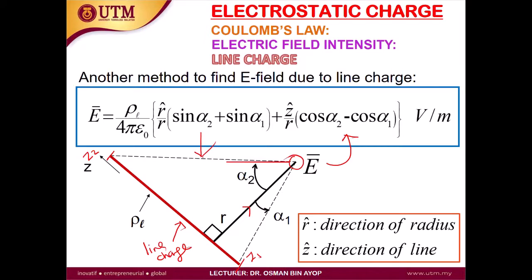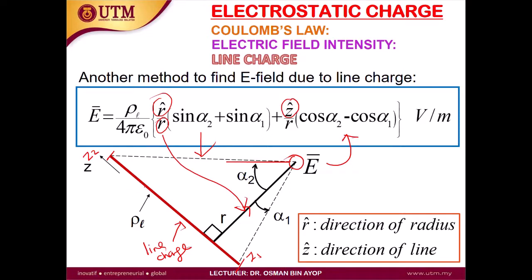R here means the magnitude of our R here, and R is a vector, the unit vector, and then we have Z here. Z here, because our rho L is on the Z axis.